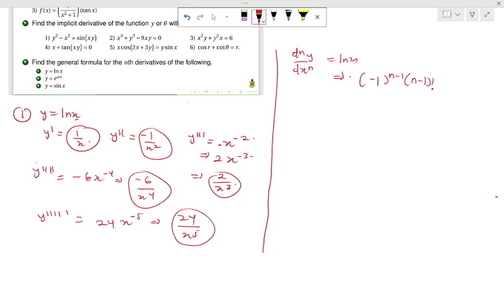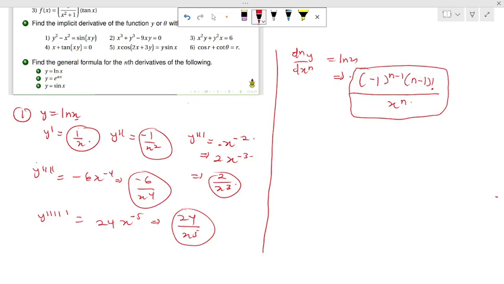When I come to this side, it's still the same, but for the 2, let me write it in full so that you see. So all this expression here all over x to the power n. So this is actually the general formula, but let's see how valid it is.